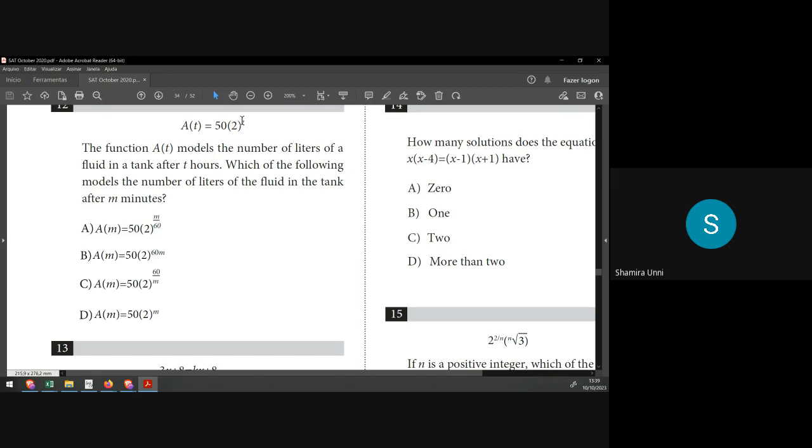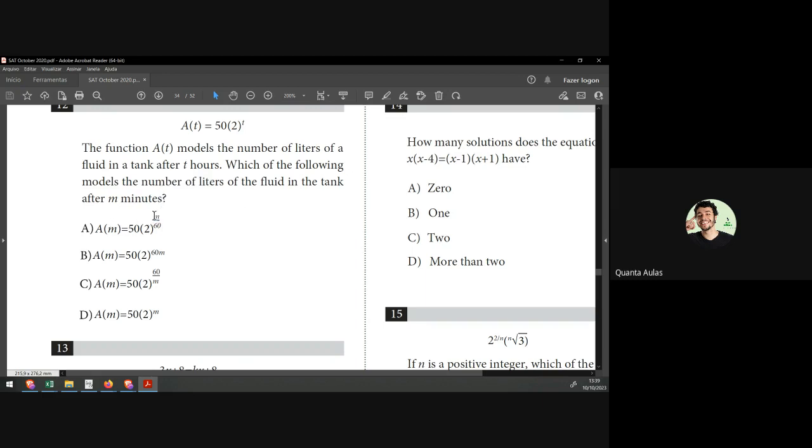But when we have the equation in minutes, we again need, after 1 hour, 100 liters. So how much is 1 hour in minutes? 60, okay? 1 hour is 60 minutes, 2 hours, 120.